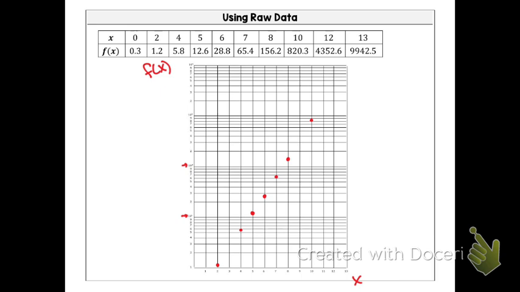So a little more than 5,000. And 13 is almost 10,000. All right, we can see there it does appear that it is linear. Okay, now remember this is estimating, so it could be off a little bit there, to keep going in that direction.